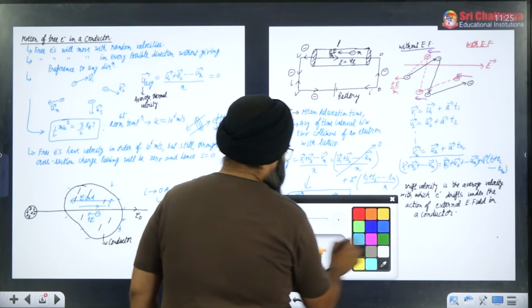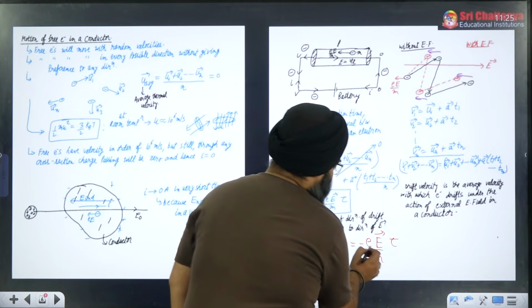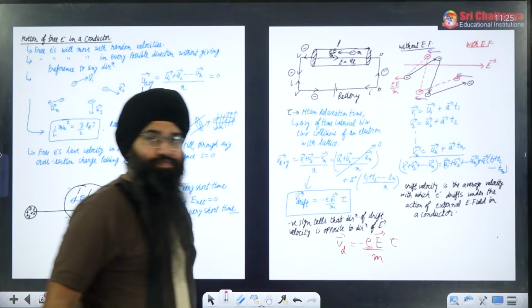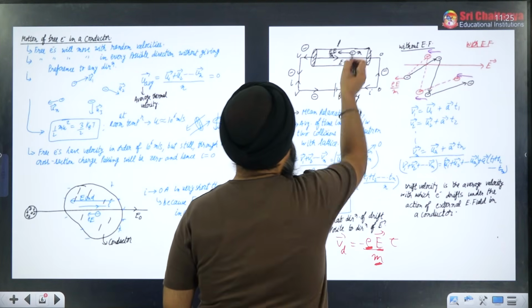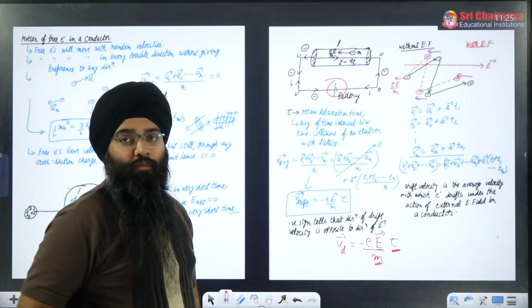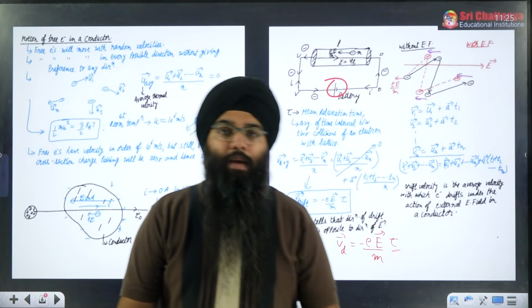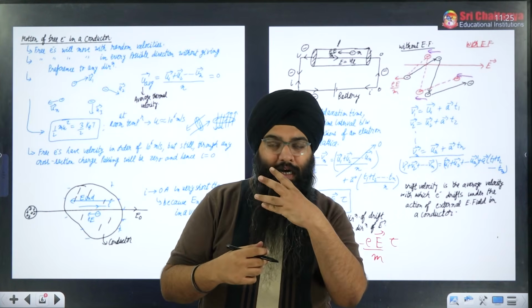Let me tell you what each symbol represents. Here, e is the charge of the electron, m is the mass of the electron, E is the electric field applied because of the potential difference of the battery, and tau is the relaxation time. What is the meaning of average relaxation time? When you apply an electric field, the electrons will start drifting.